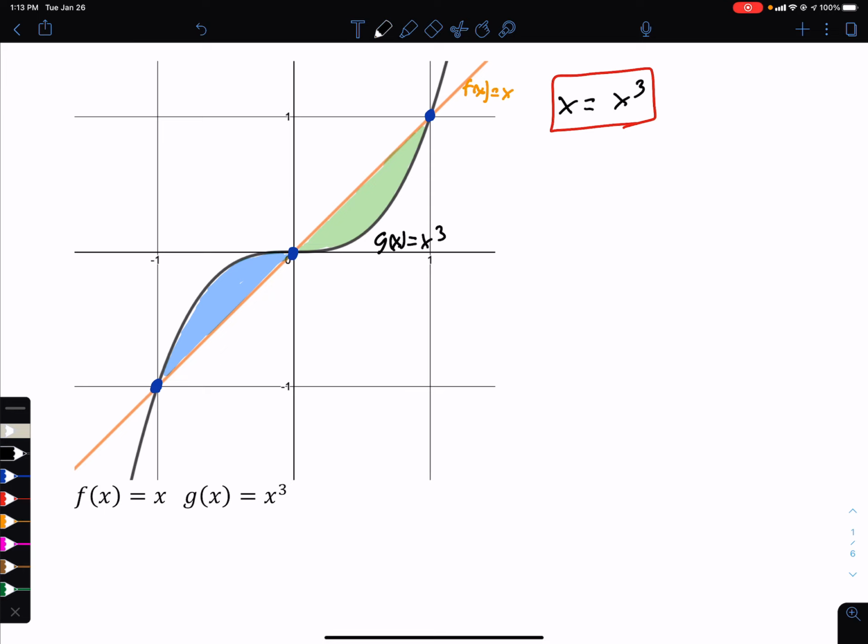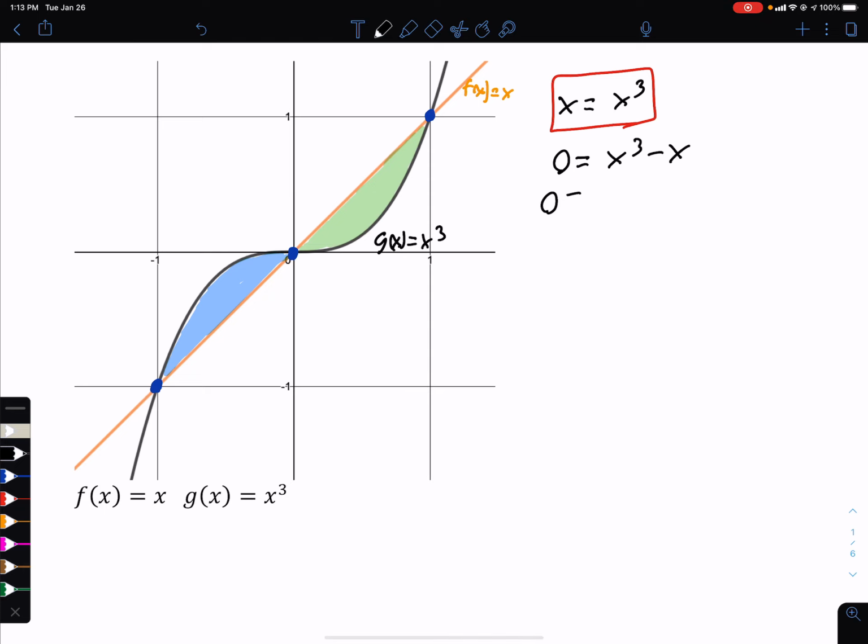Now to solve this, the mistake people make often is they'll divide both sides by x. You don't want to do that because you're assuming x is not 0, because you're not allowed to divide by 0. And so you're assuming 0 is not one of the roots, but it turns out to be, so that's bad. So we should subtract x from both sides.